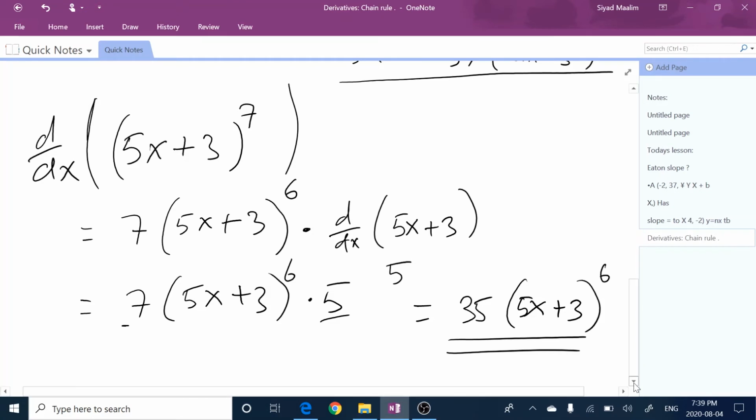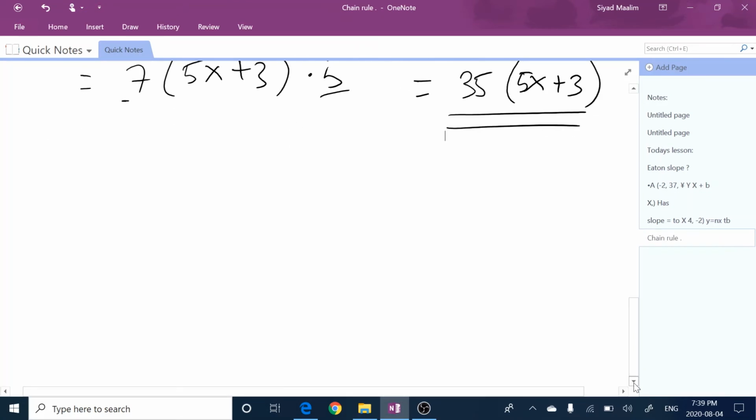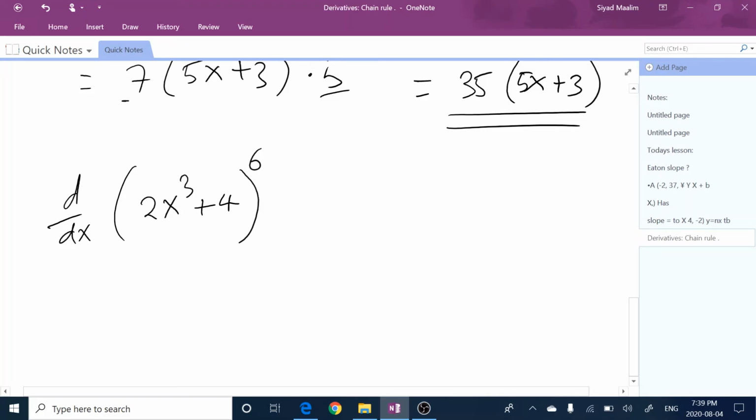Okay, let me do one more example which is similar to this. Find the derivative of 2x cubed plus 4 to the power of 6. We said take the derivative, bring the power down, 6, keep whatever is inside the bracket the same, reduce the power by 1, 6 minus 1 is 5, multiplied by the derivative of whatever is inside the bracket.